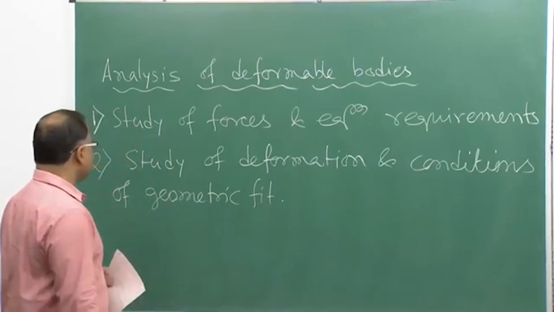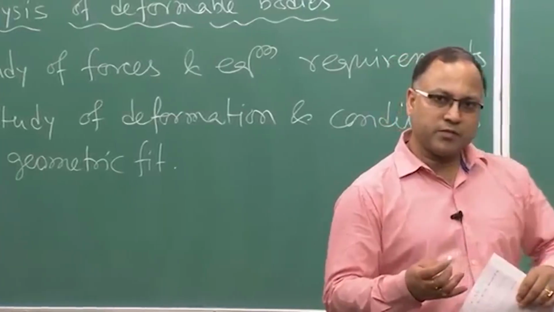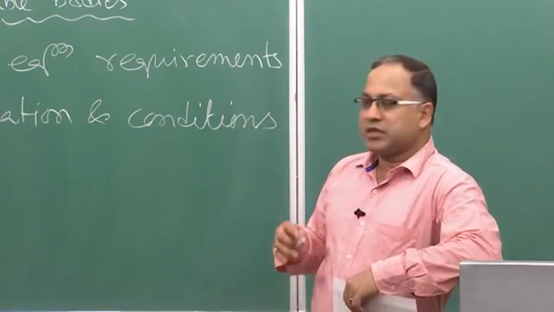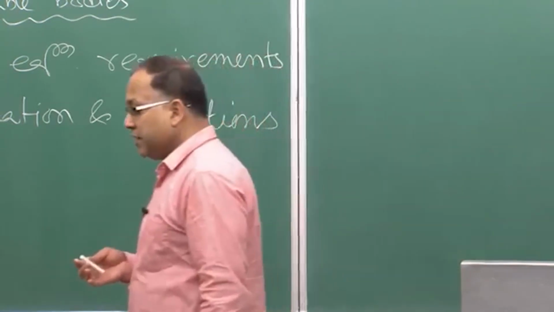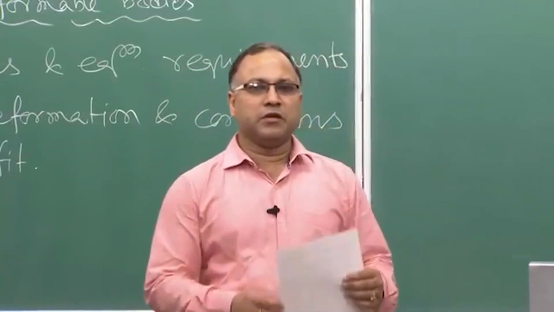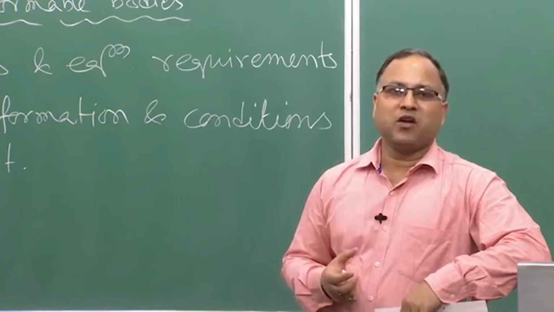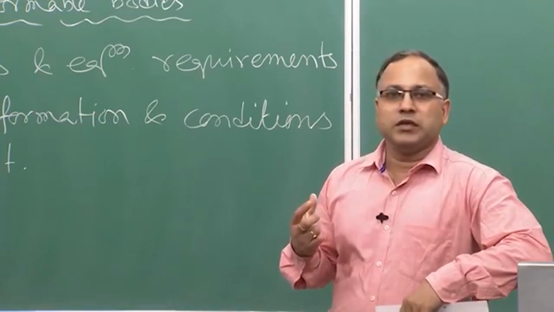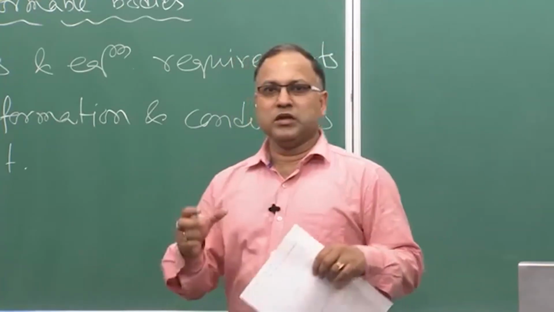In the study of deformation, we will study how the system is getting deformed, because we are dealing with deformable bodies under the action of all the forces whatever we have studied in the first step, and then of course, the conditions of geometric fit. So, basically what I mean is the deformation cannot be arbitrary, right. If I allow some deformation in some deformable body, that deformation cannot be arbitrary. It will follow some rule or some guidelines, and that is nothing but your geometric compatibility. Okay. So, that deformation should be compatible with the whole system.